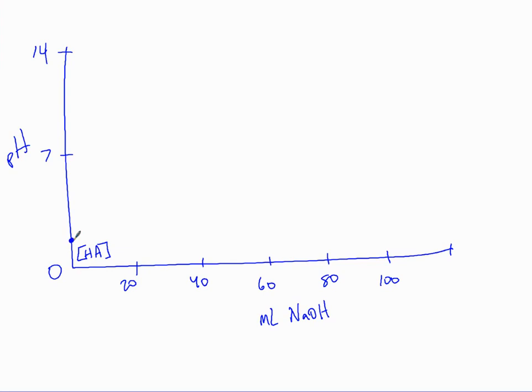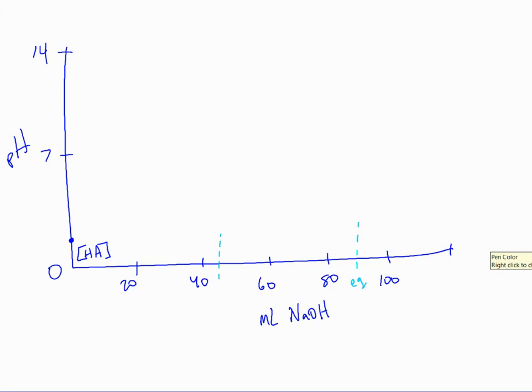How many milliliters of sodium hydroxide did we need to get to the equivalence point? 45. Yeah, for the equivalence point, it's 90. For the halfway point, 45. So, do we know the pH at the halfway point?